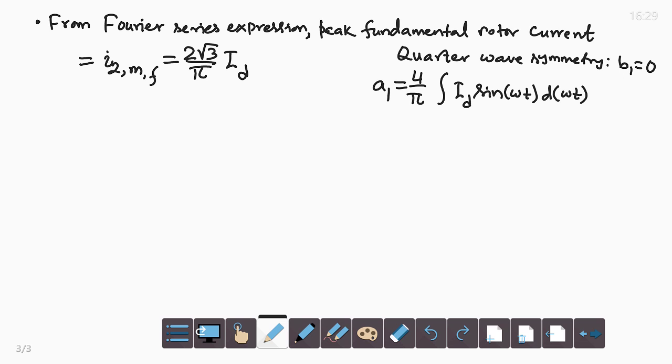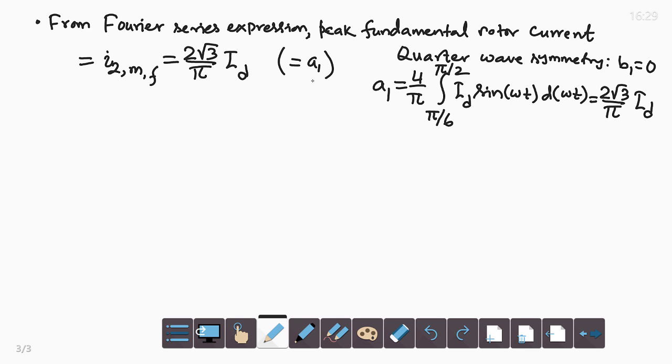You see from 0 to pi by 6 the rotor current is 0. So, this is from pi by 6 up to pi by 2, where I d is the DC link current, and this integration gives 2 into root 3 by pi I d. So, that is the peak fundamental current, that is equal to A 1.